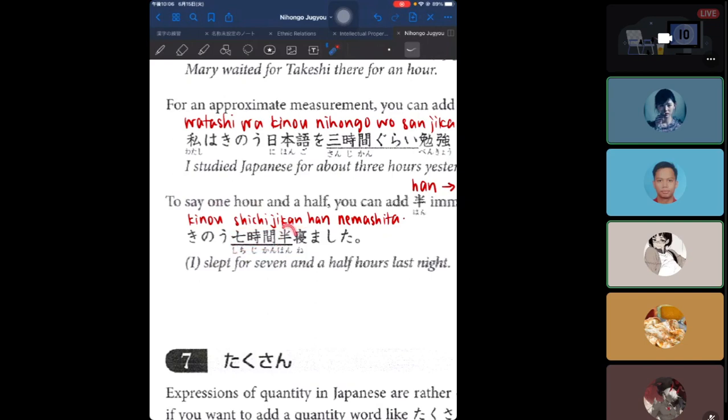And then when they add 半, basically 7 hours and a half.